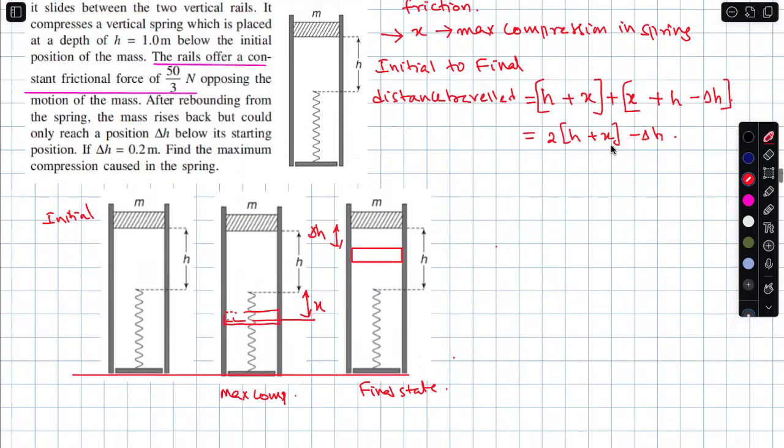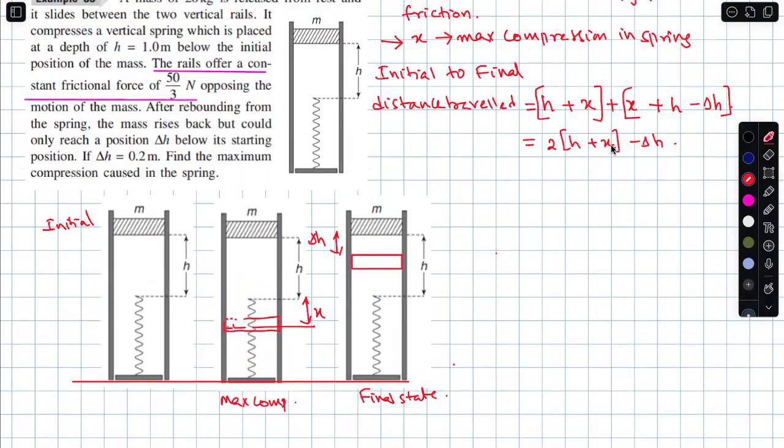They have given H as well as delta H. So 2 times 1 plus X minus 0.2. So finally this is 1.8 plus 2x. Friction does a constant work here. So what is the work done by the friction?